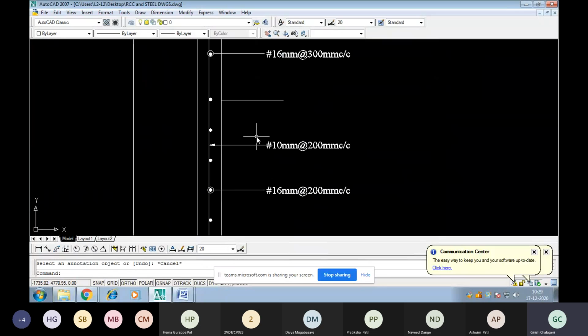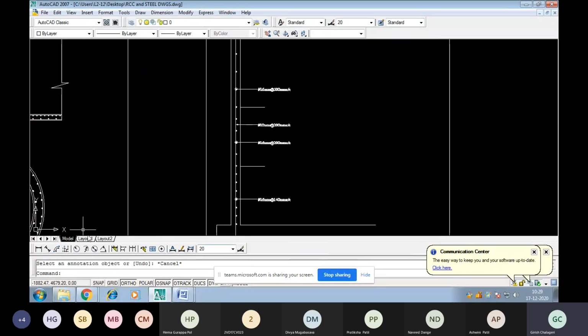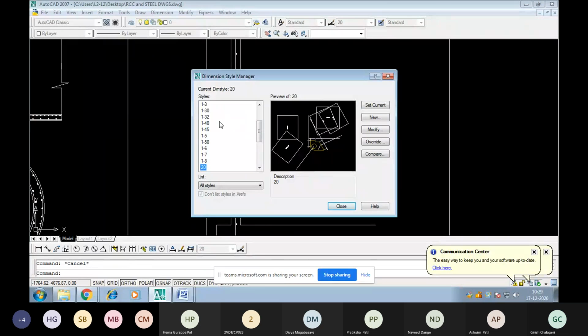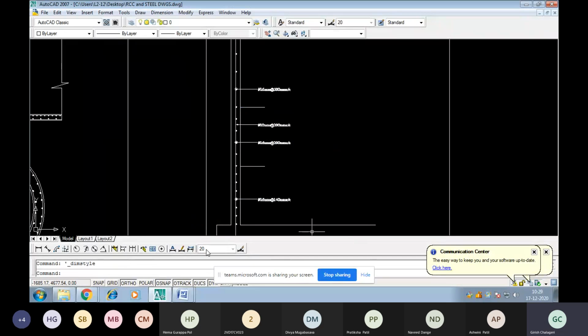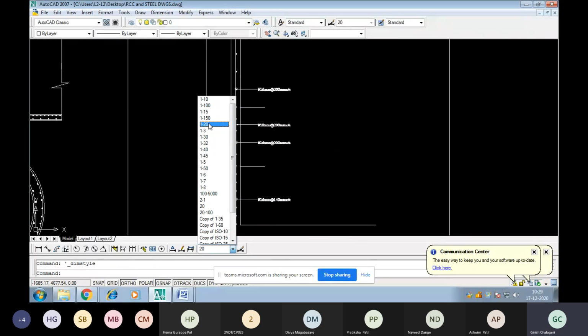Okay, this is how we are showing the reinforcement, and I am going to note 1:20 here. It is noted 1:20 here. So 1:20 is given here. Let us take 1:20.